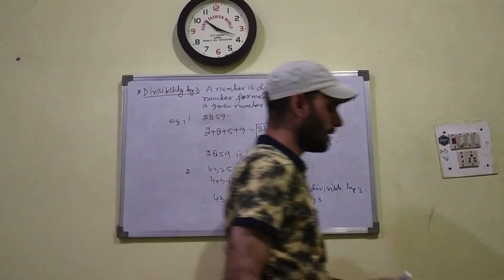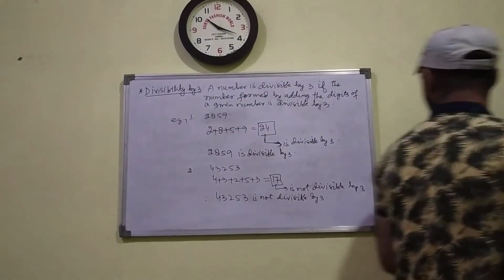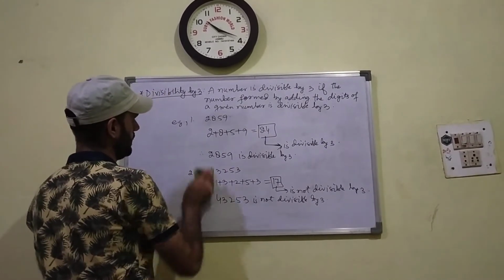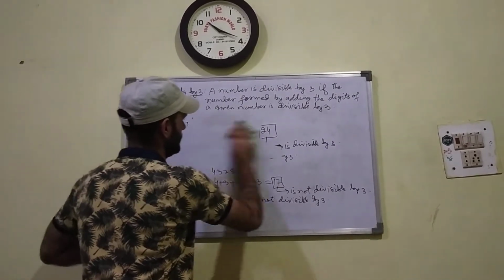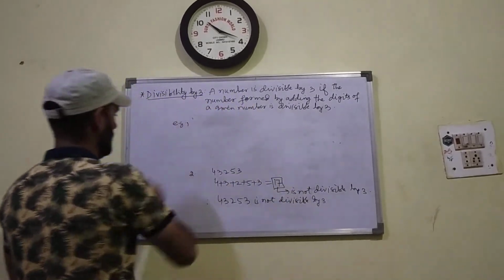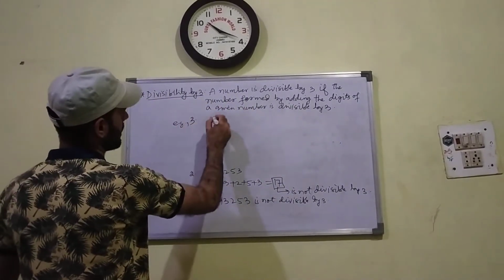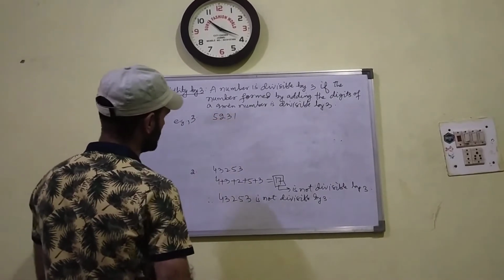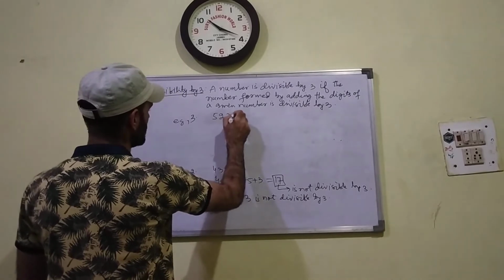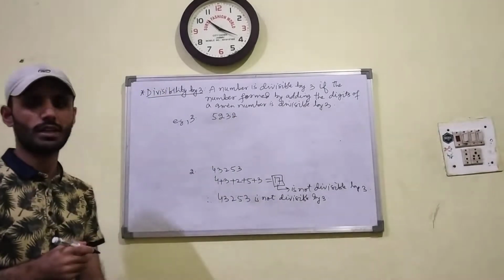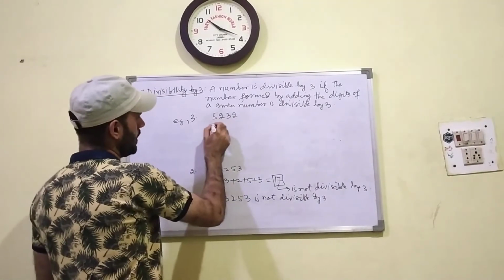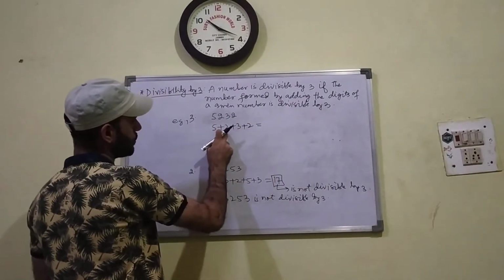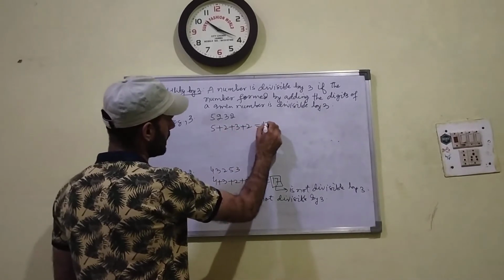Let's take another example. For example, we have 5232. 5 plus 2 plus 3 plus 2 is equal to 5 and 2 is 7, 7 and 3 is 10, 10 and 2 is 12.